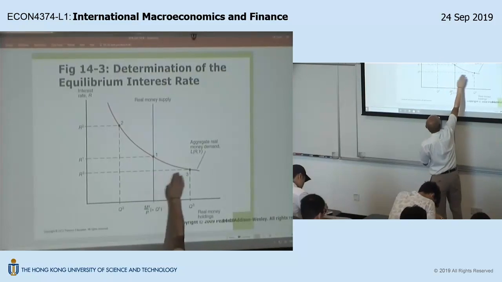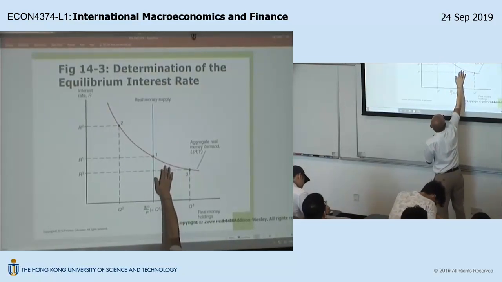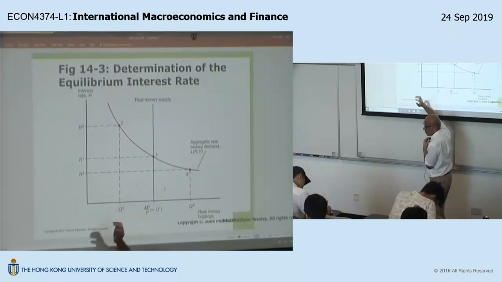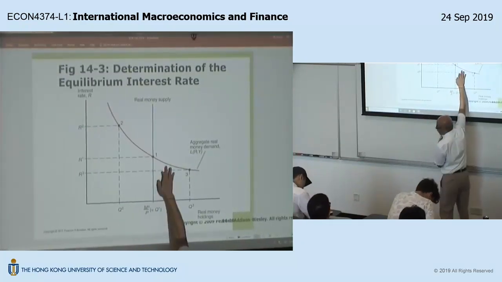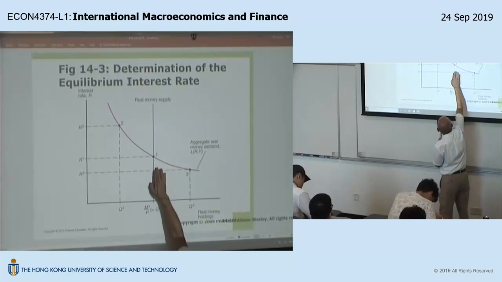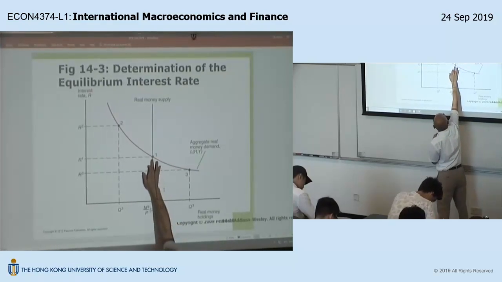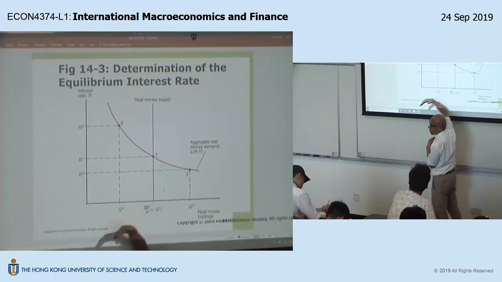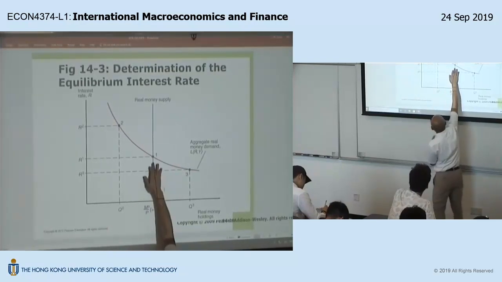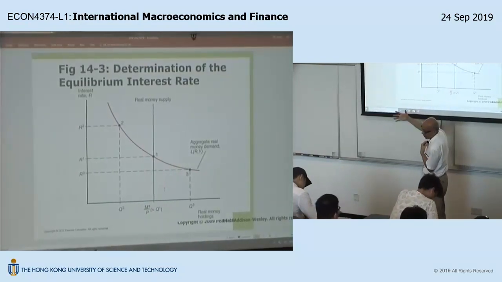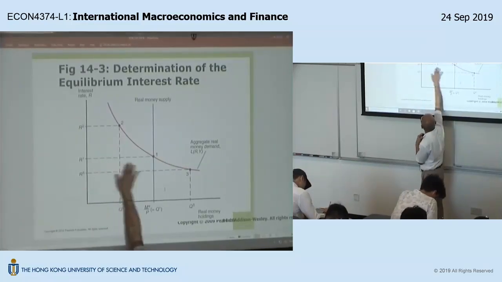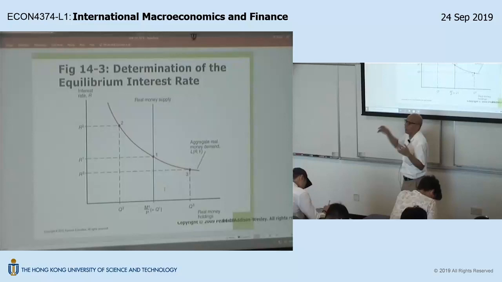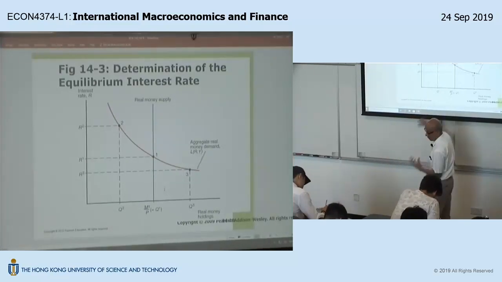When the interest rate rises, people will demand more bonds and less money. Eventually, you get to an equilibrium where the demand for money is exactly equal to the supply of money. So this interest rate is the equilibrium interest rate in the bond market, but it's also the equilibrium interest rate in the money market.